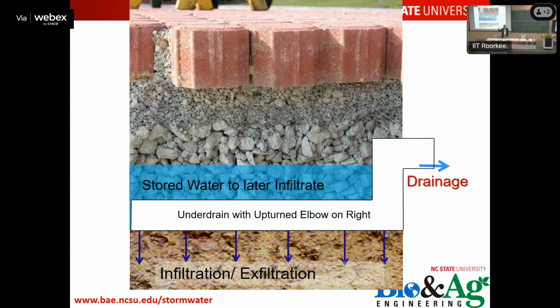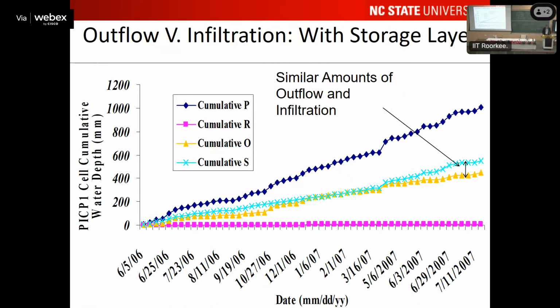It wasn't much, but it was something. 5 centimeters worth of internal ponding. This is the cumulative outflow graph associated with the one permeable pavement type that we tested that had accidental internal storage.